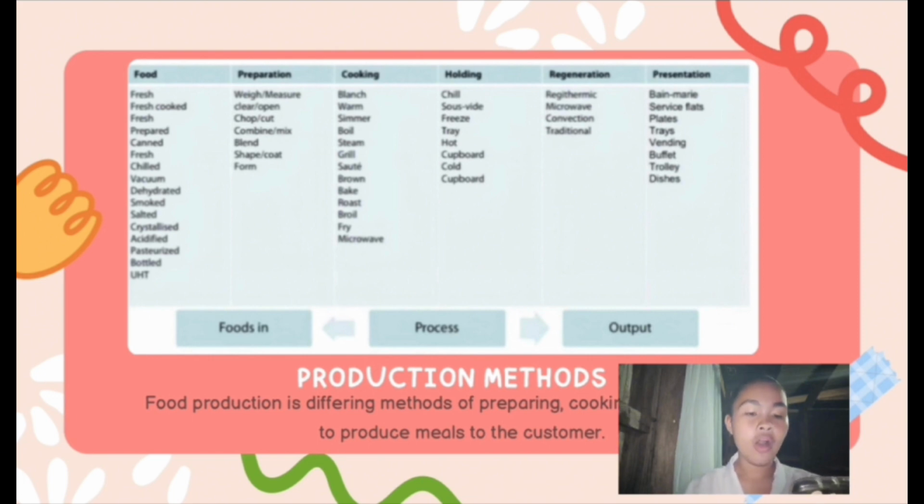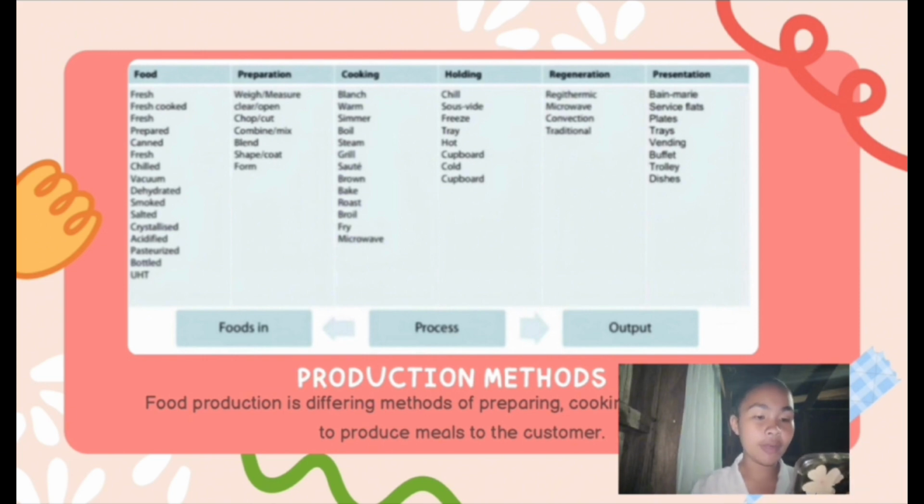Next is holding. Holding has chill, sous vide, freeze, tray, hot cupboard, and cold. Next is regeneration. Regeneration has rigid, thermic, microwave, convection, and traditional. Next is presentation.